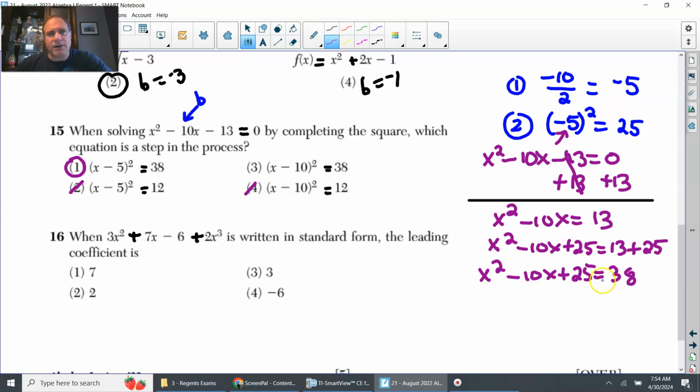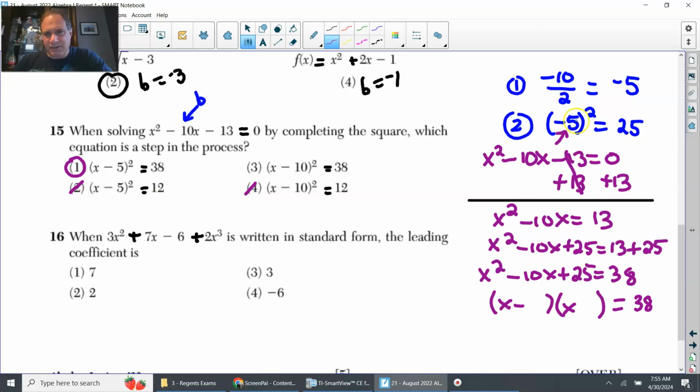This right here is a trinomial. If you factor it out, you get a binomial times another binomial. So you just have to say, okay, remember when we were factoring it out, it's x and x, and then that would be 38, right? So what times what equals positive 25 and adds to negative 10?